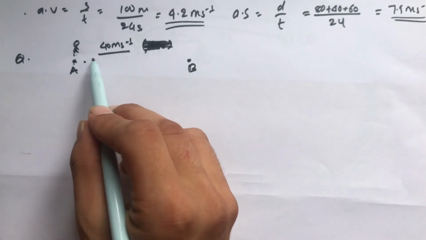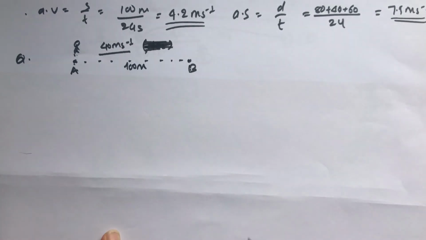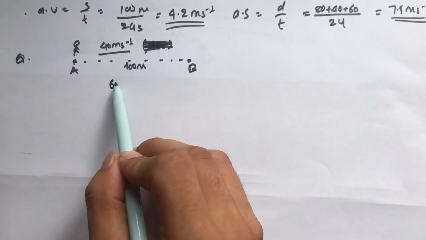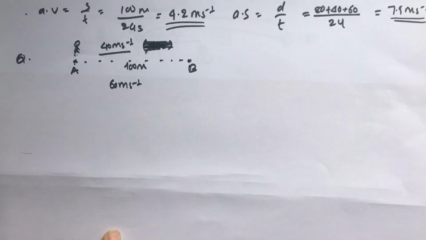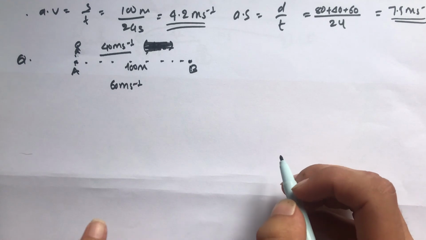The distance between point A and B is, let's say, 100 meters. And when he heads back to point A, he comes at 60 meters per second. So what is the average speed for the duration of his motion?